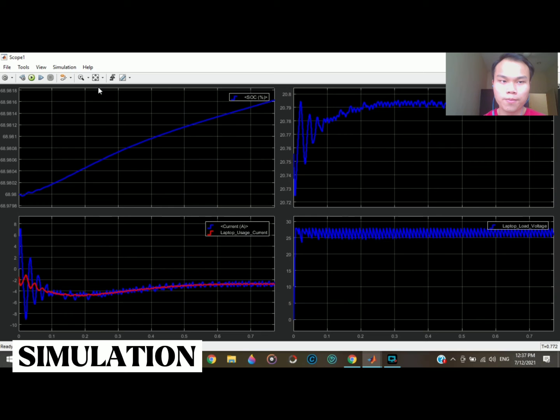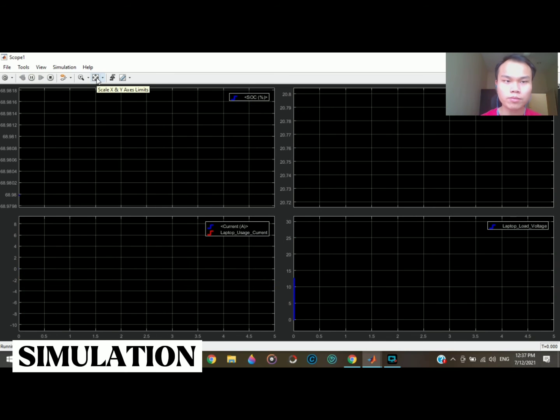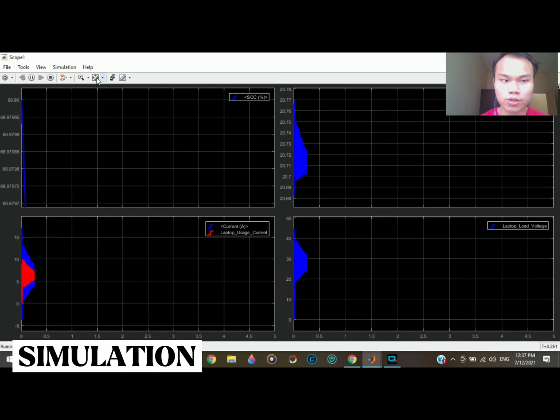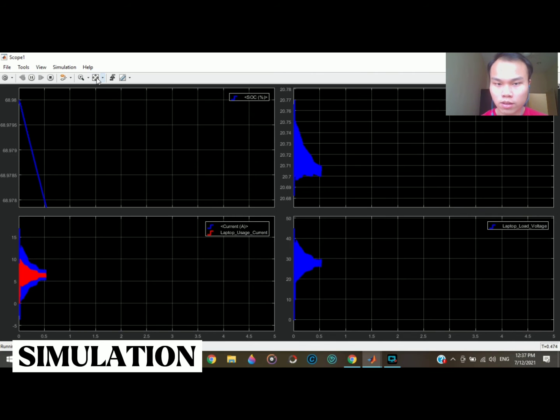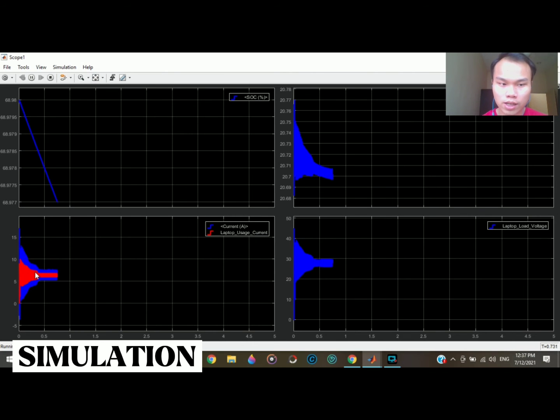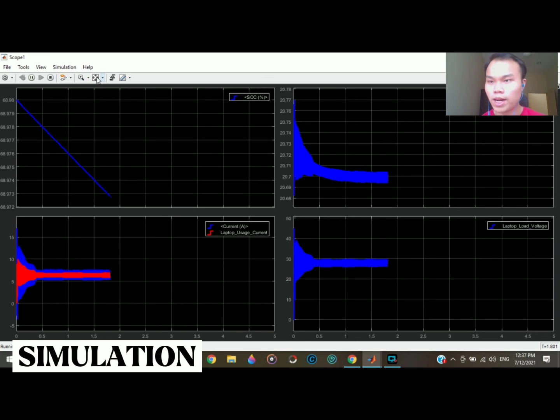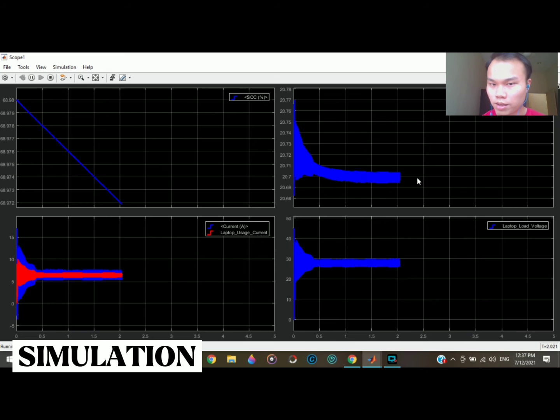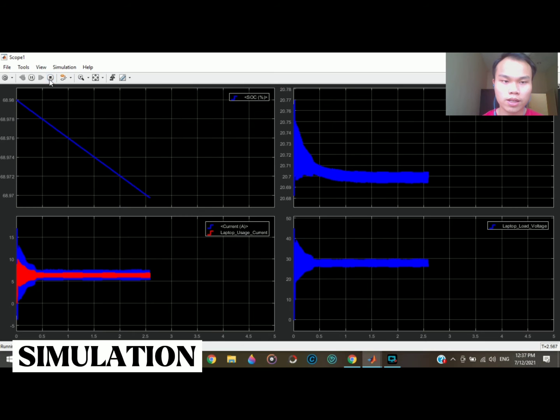The laptop usage current is about 7.5 ampere, and the laptop load voltage is about 28. For the battery, it's supplying 20.7 volts. As you can see over here, it's discharging. We are using the battery, so the state of charge will be dropping.